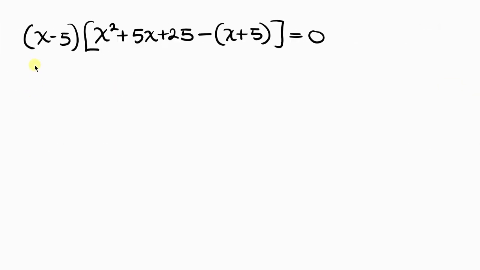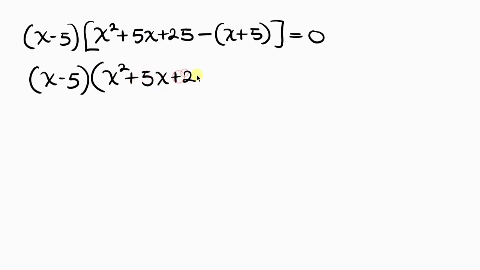And now simplifying further, we have x minus 5 times x squared plus 5x plus 25. And then using this negative to open up the bracket, we have negative x, and then negative times positive gives negative 5.